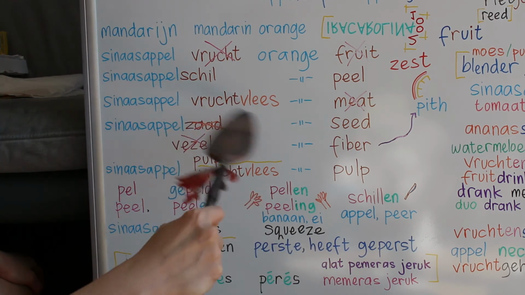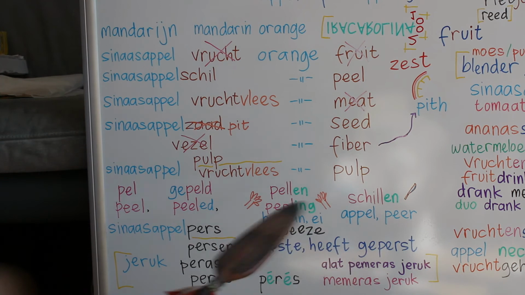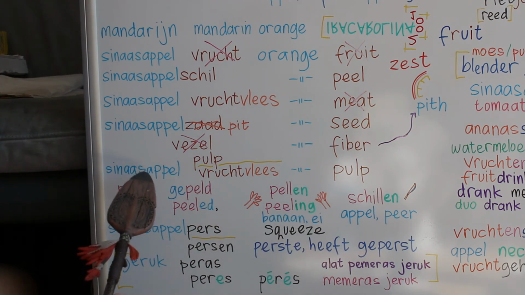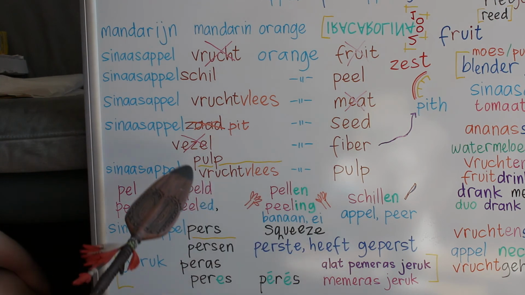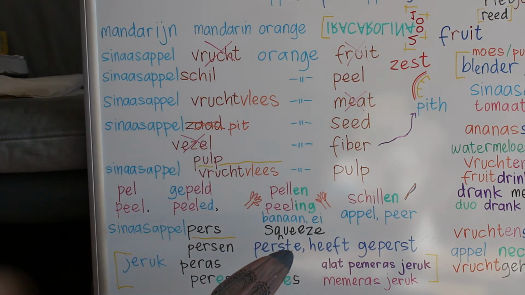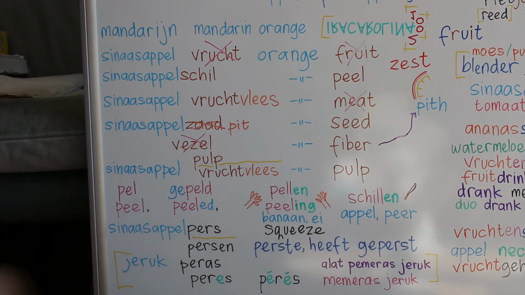Or we use the same word as this one: vrucht, vruchtvlees. We put it in two words, so we put a space in between. We don't put it as one word.